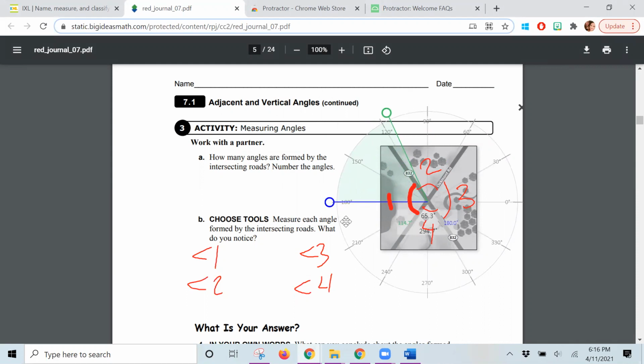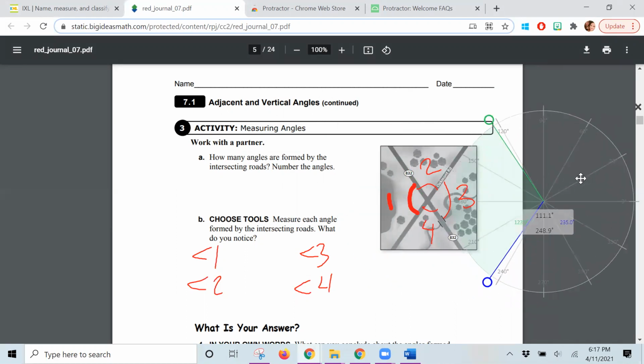And angle 1 is right about there. It's kind of hard for me to read that. It says about 111. Let's write that down. Angle 1 is 111.